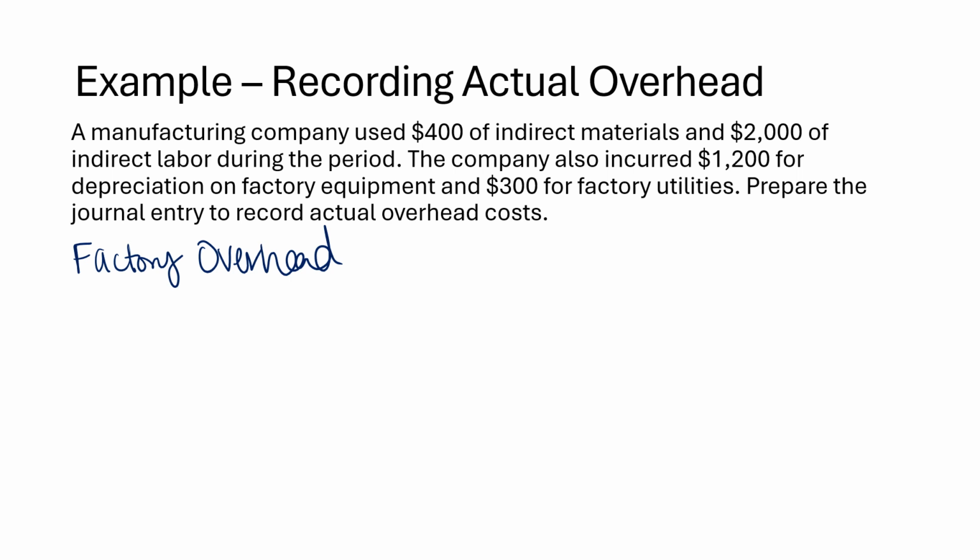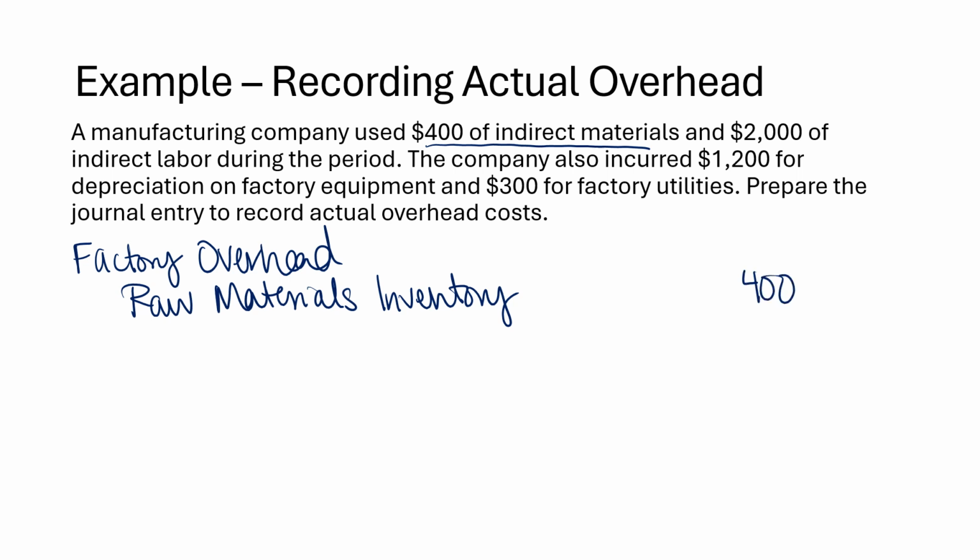So here we see $400 of indirect materials. That would be a credit to raw materials inventory. A credit of $400. Then we see $2,000 of indirect labor.